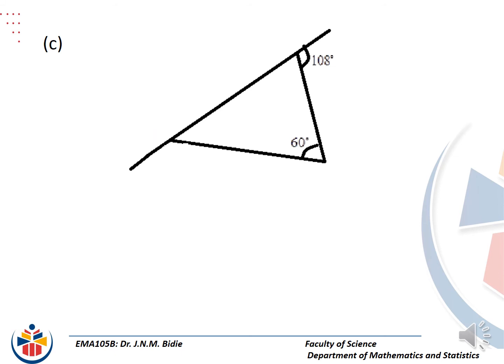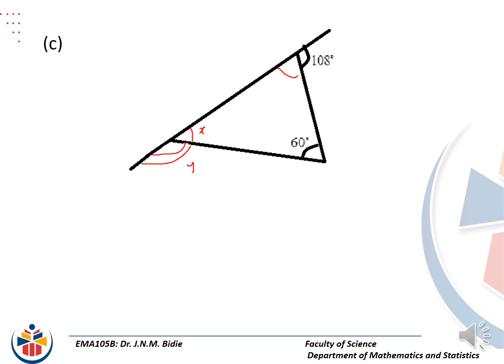Here we've got two angles that we're supposed to calculate. Let me simply say this one is X and this one is Y. In order for us to calculate X, we need that angle.